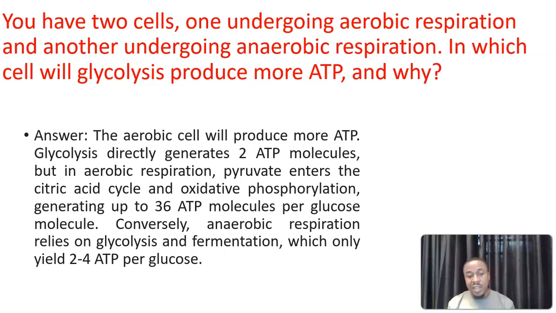That is a result of conversion of pyruvate to lactate with subsequent production of NAD plus that goes back to glycolysis, usually step 6, the first oxidative step of glycolysis, where glyceraldehyde 3-phosphate is converted to 1,3-bisphosphoglycerate for glycolysis to continue.